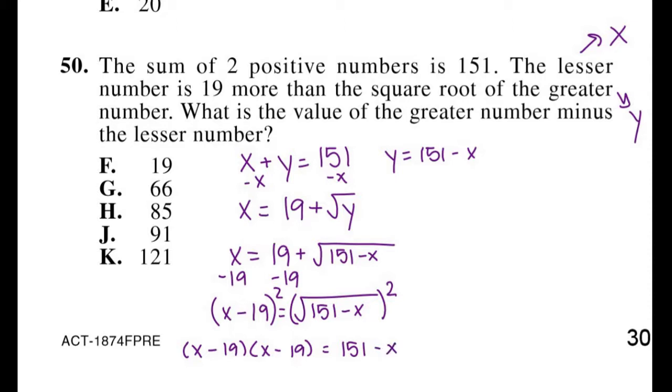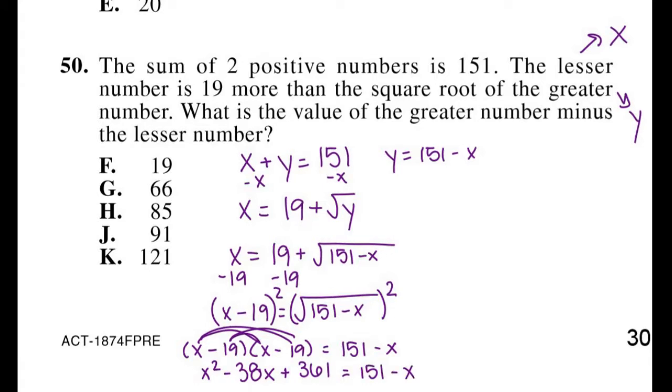Now from here, we're going to FOIL this. So we end up with x squared minus 38x plus 361 is equal to 151 minus x.